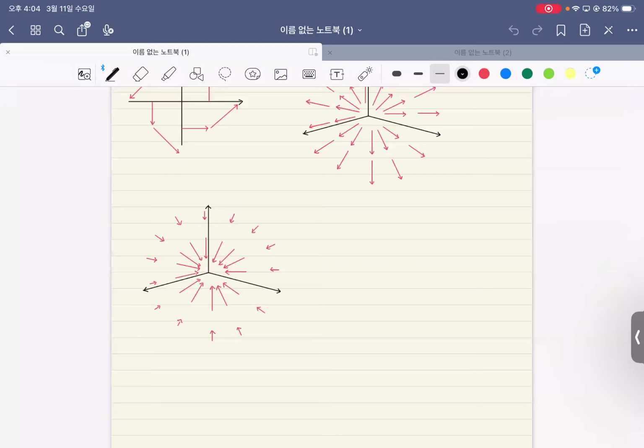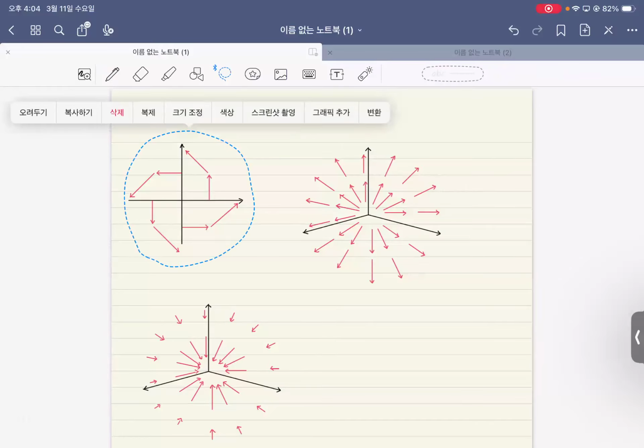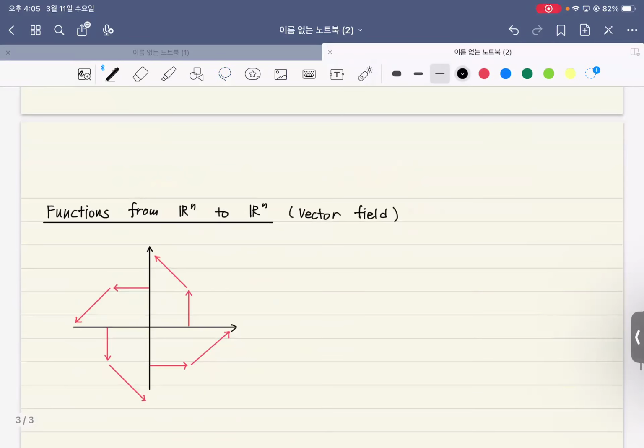So I tried to draw a silly cartoon of this. What about this? So this is clearly a function from R2 to R2.